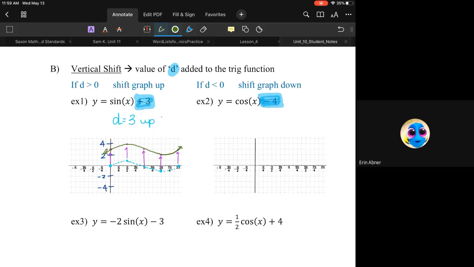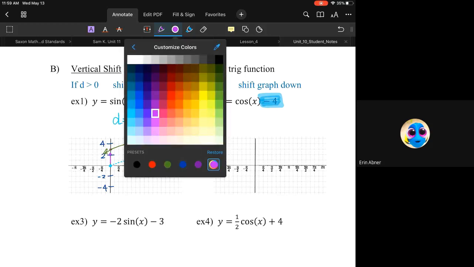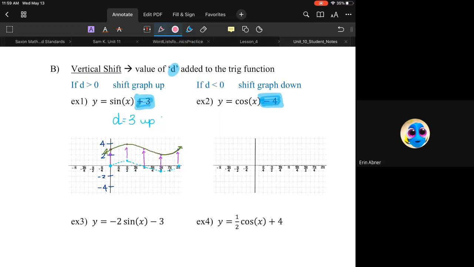So then this time I'm going to graph my cosine function, and I'm going to pick a pinky color. But I'm also going to highlight something on this one in that pinky color. Actually, I'll do it as a highlighter. So this here, 1, 2, 3, is my new 0.